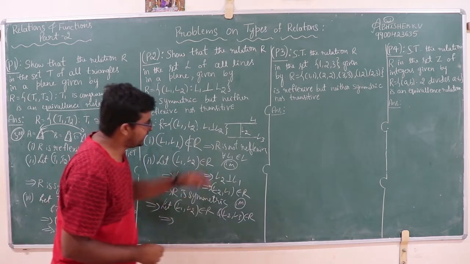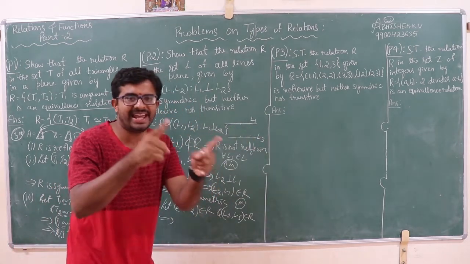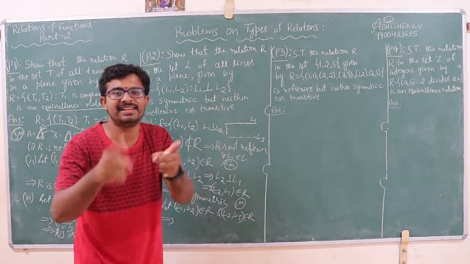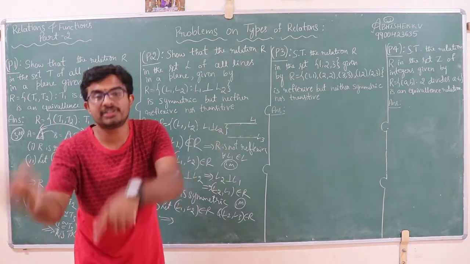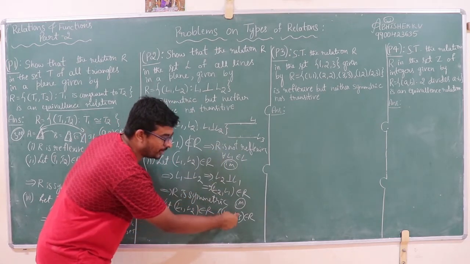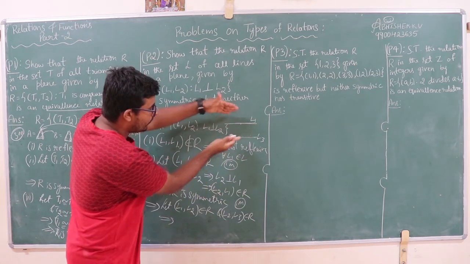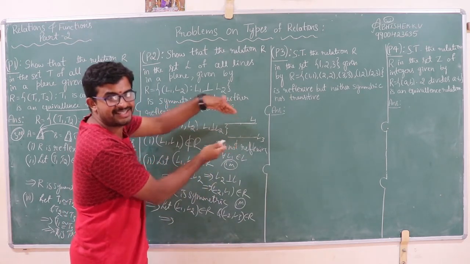According to transitivity, if (A, B) belongs to the relation R and (B, C) belongs to the relation R, then (A, C) should belong to the relation R. (L1, L2) belongs to the relation R, (L2, L3) belongs to the relation R. Does (L1, L3) belong to the relation? What is the relationship between L1 and L3? It is parallel.